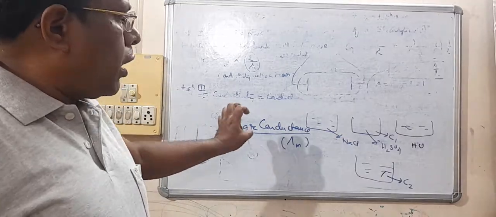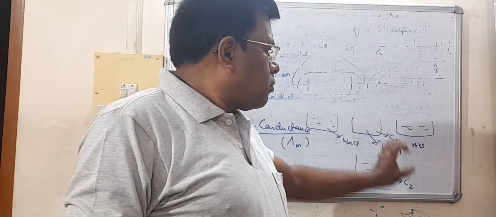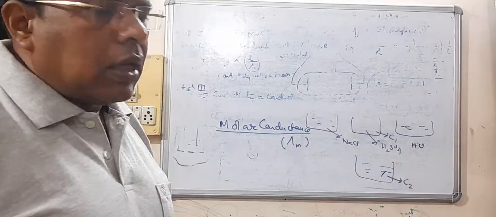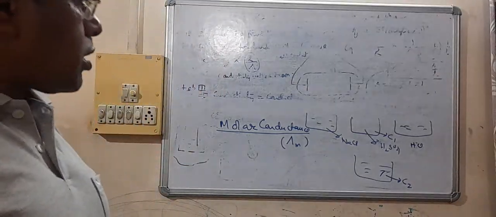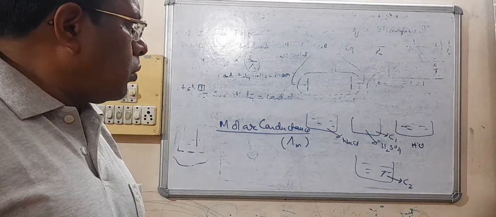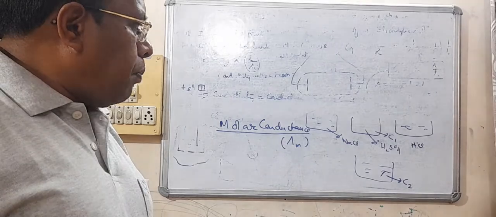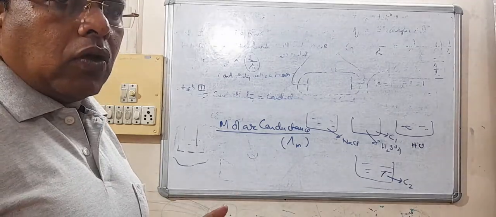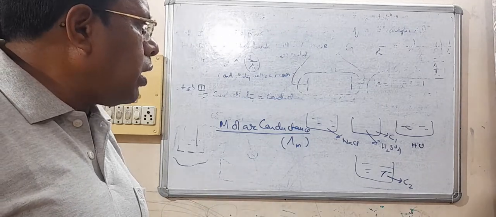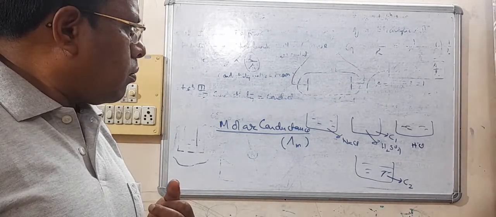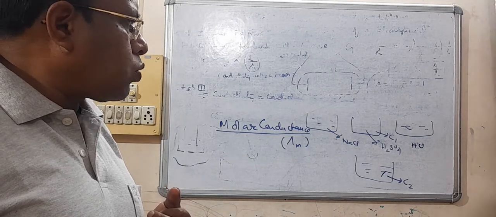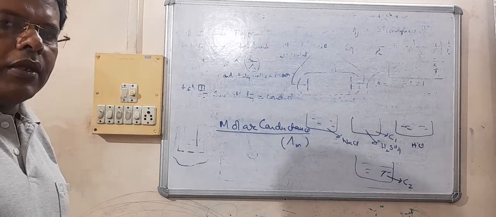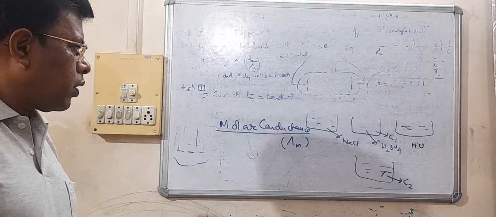With the help of molar conductance value, we can compare between the electrolytes which one has more conductance, which one has less conductance. Just like we can compare the intelligence level among different students by conducting a test, by making the students take an exam.